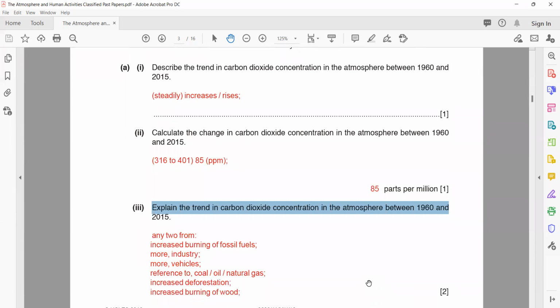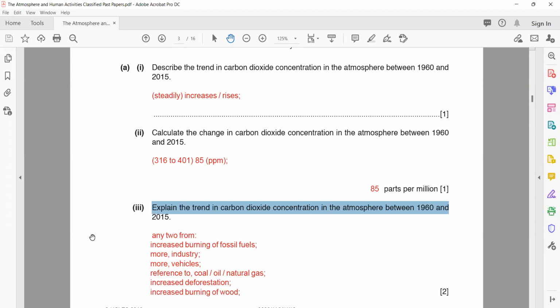Carbon dioxide is produced by what? Burning fossil fuel, vehicles, industry, burning of natural gas, deforestation, increase of burning wood, all these reasons. So they are asking why it is happening like this. Explain why the carbon dioxide value is increasing.